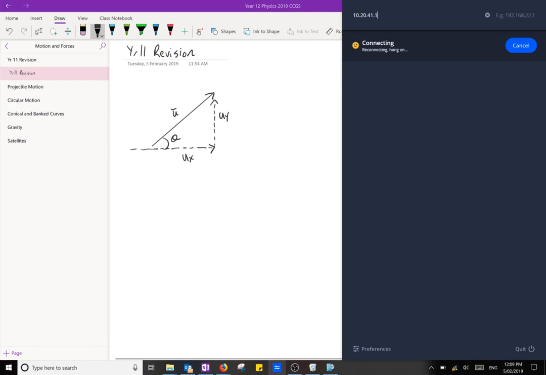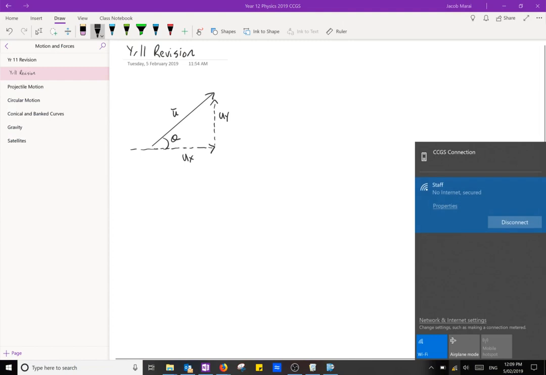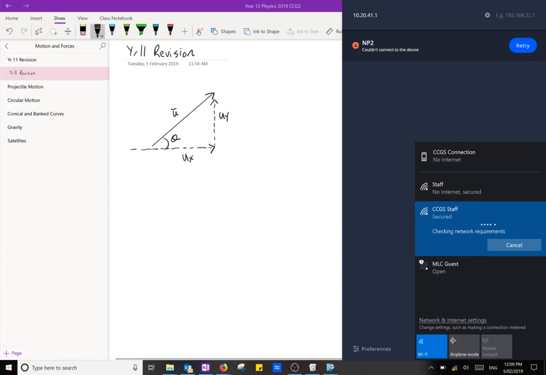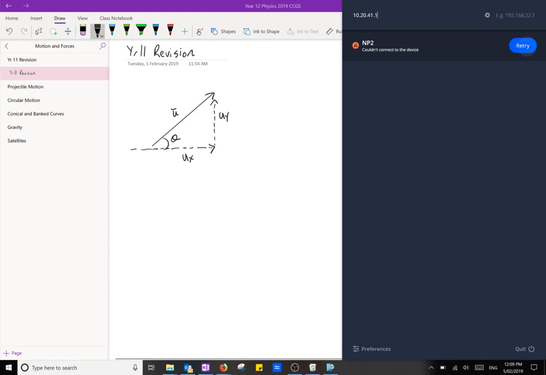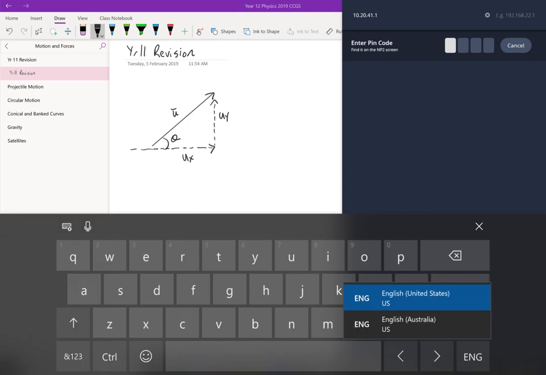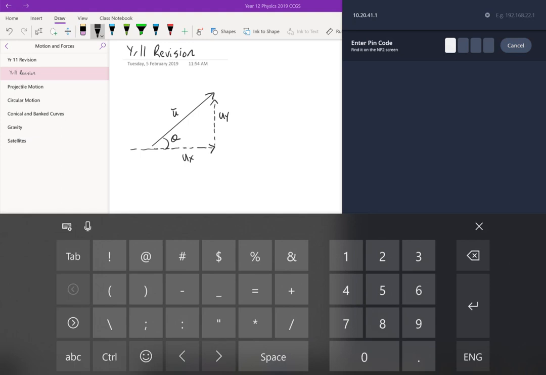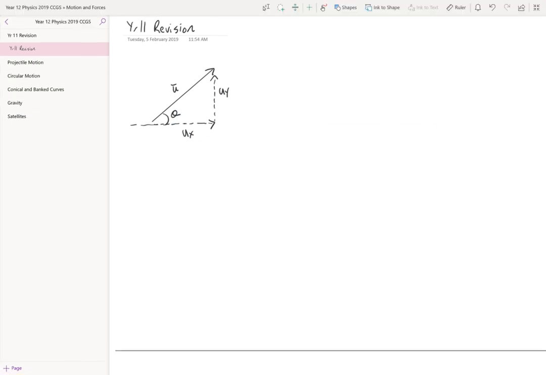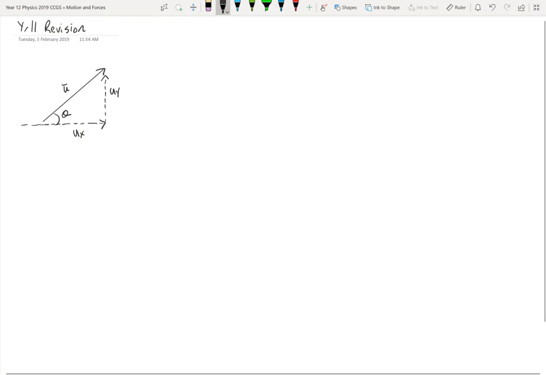Hang on, it's telling me there's no internet. What's the code? 7321? And apparently, still recording. Isn't that lovely? Thanks, OBS. Unfortunately, that's not minimizing. All right. There we go. That's what I was trying to tell you two and a half minutes ago.